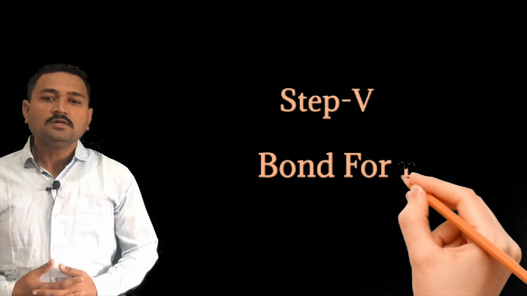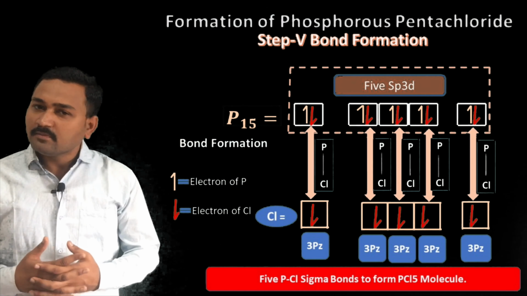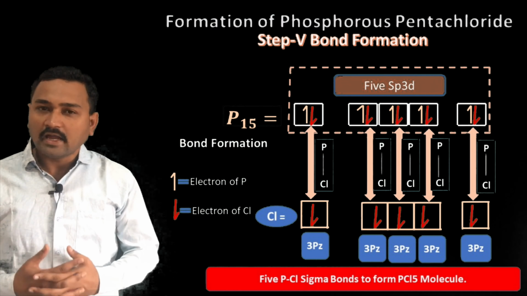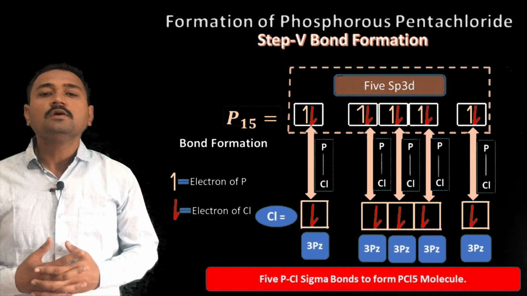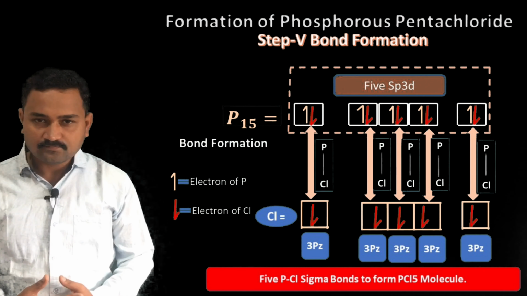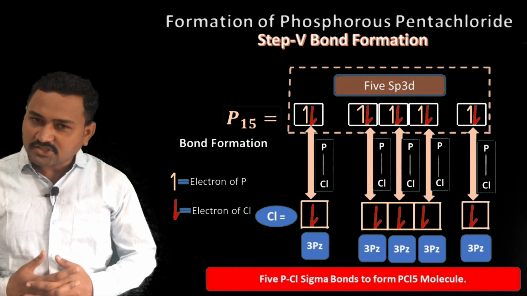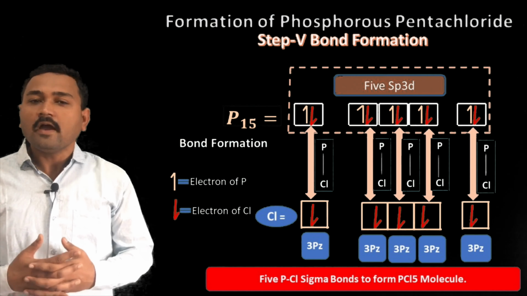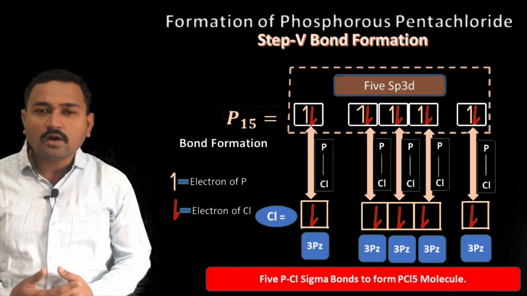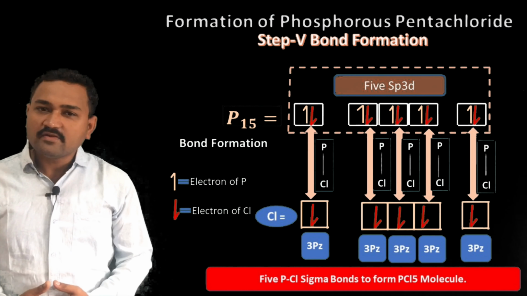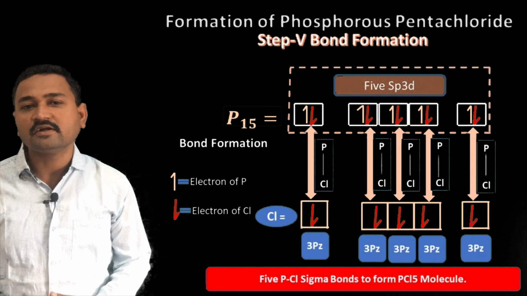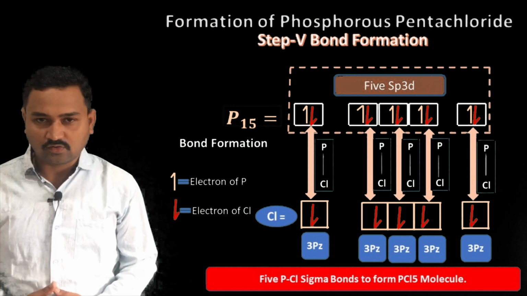Now let us consider the next step, that is the bond formation step. The atomic number of the chlorine atom is 17 and its electronic configuration is 1s2, 2s2, 2p6, then 3s2 and 3px2, 3py2 and 3pz1. Here the 3pz1 atomic orbital of each chlorine atom contains the unpaired electron.